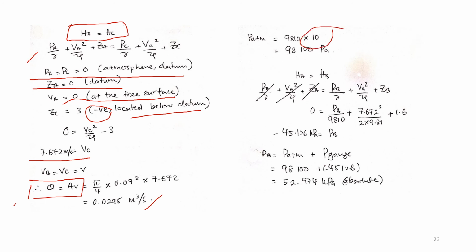So we compare A to B, pressure for A and pressure for B. So we can calculate the pressure for B. Okay, elevation for B is 1.6. And then we get the pressure at B. Lastly, we can calculate the absolute pressure, where pressure atmosphere plus the gauge pressure. So we get the absolute pressure of this one.